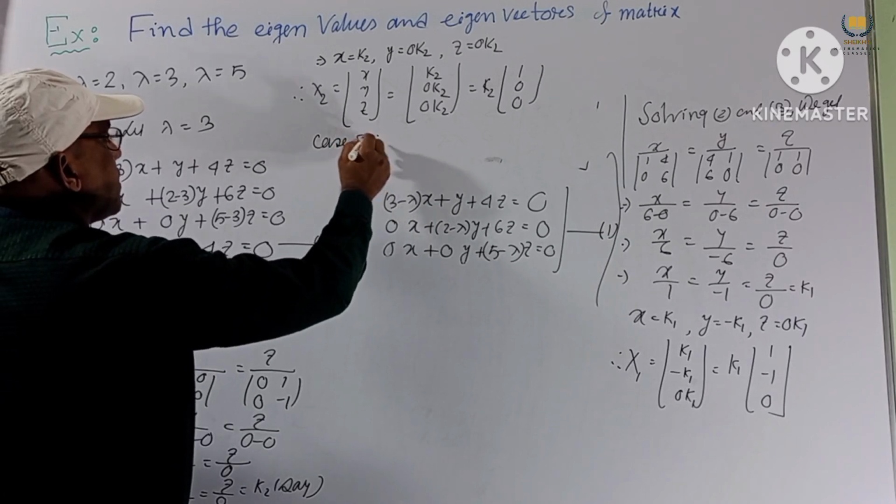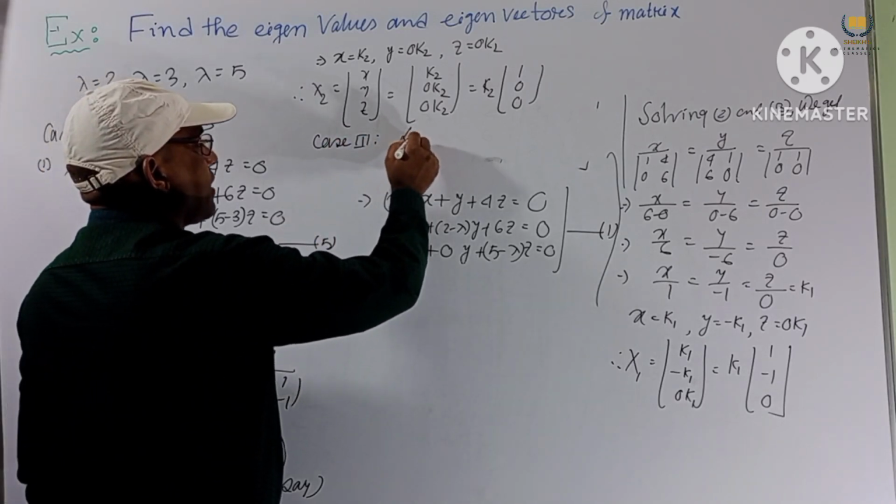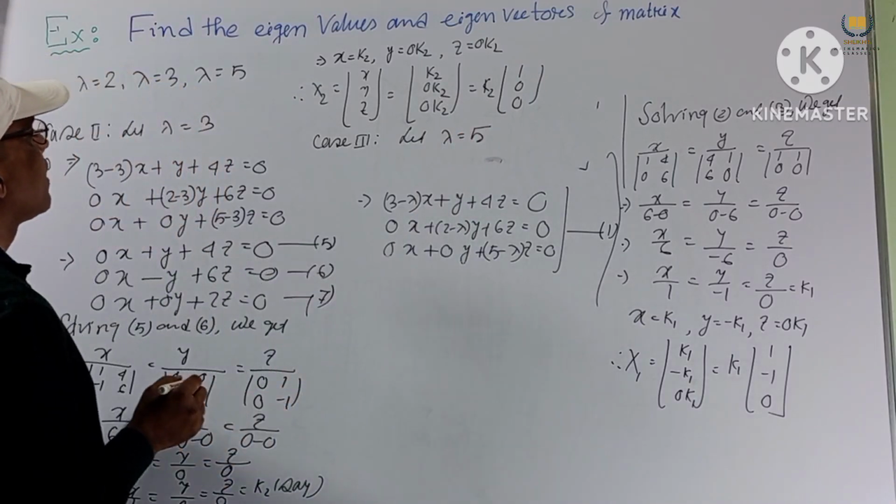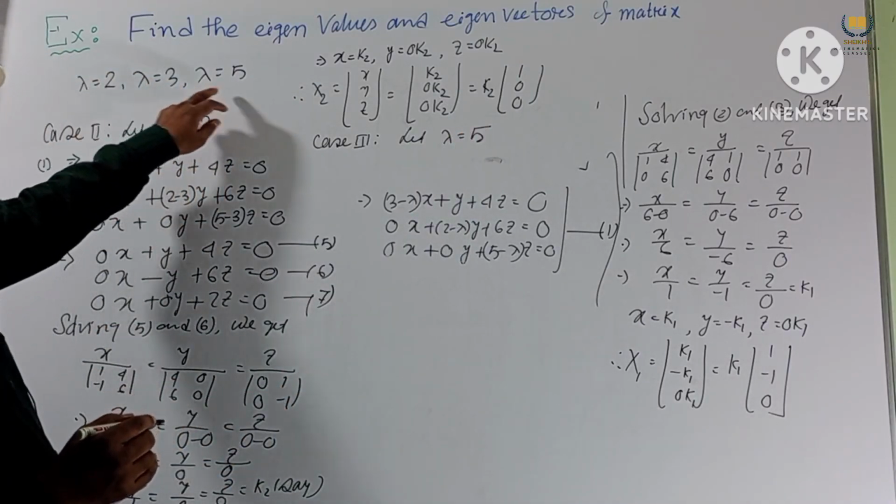Next, case 3. Case 3, let lambda equal to 5. Putting lambda equal to 5, so 2, 3, 5 we get.